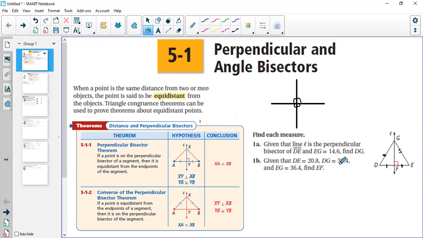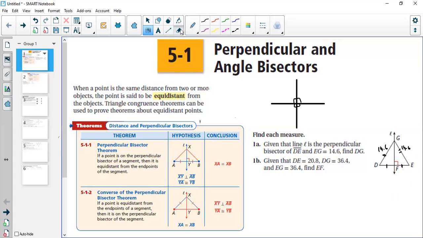EG is 14.6, and you need to find DG. According to the perpendicular bisector theorem, the endpoints are going to be equidistant. So if this is 14.6, DG is also going to be 14.6. No calculations, you don't need to do anything. It's as simple as that.